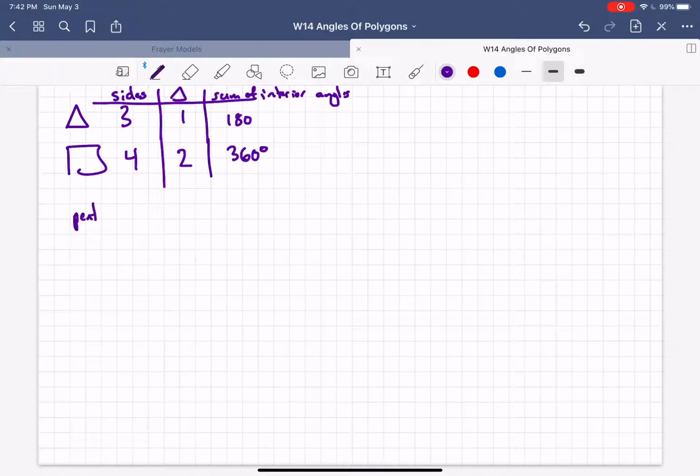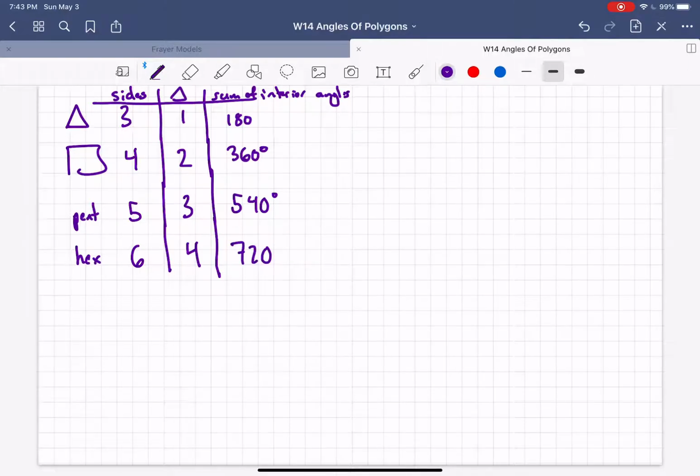For a pentagon, we have 5 sides, got 3 triangles, so then that means we got 540. In a hexagon, we got 6 sides, which means we got 4 triangles, which means then we got 720. And we kept going, right? 7 was 5 triangles, which is 900. 8 sides, we got 6 triangles, and then that means we got 1080.